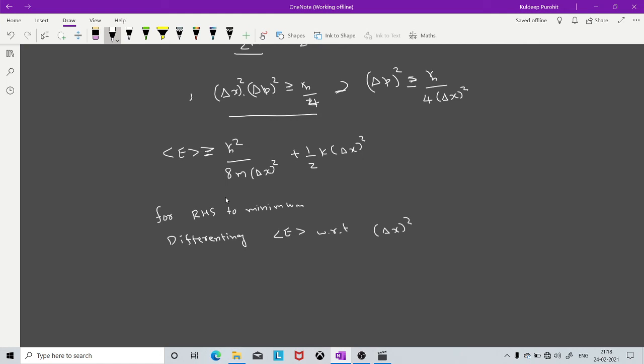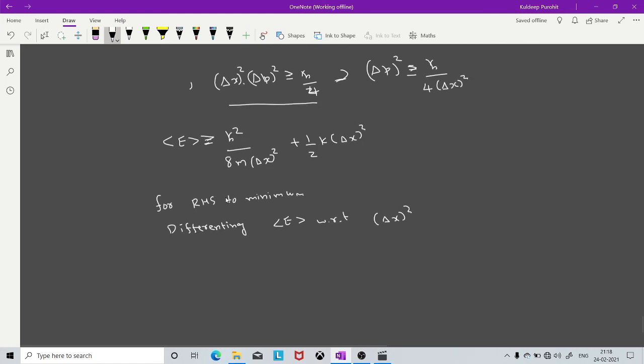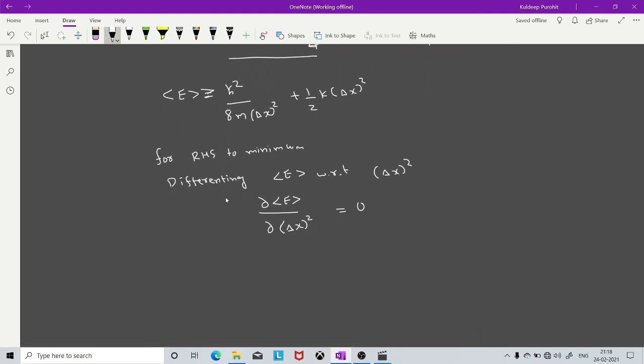For minimizing, the derivative of E with respect to delta x square should be equal to 0. This is the general condition for minima. We are actually minimizing E with respect to delta x square.